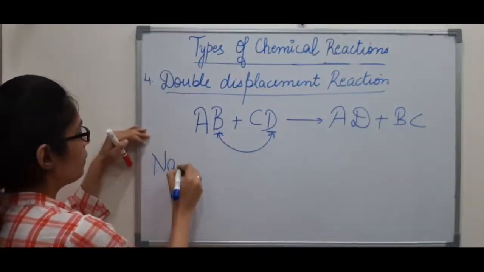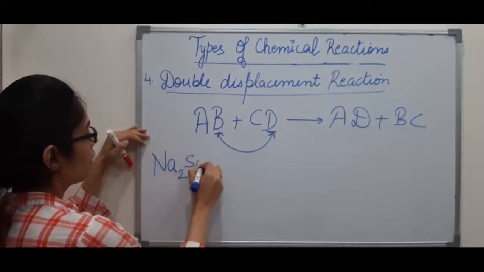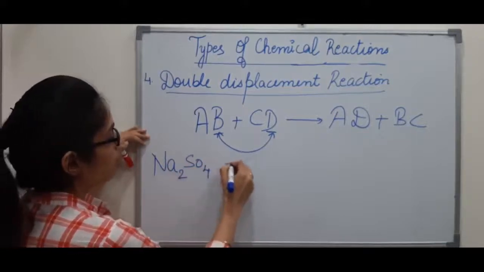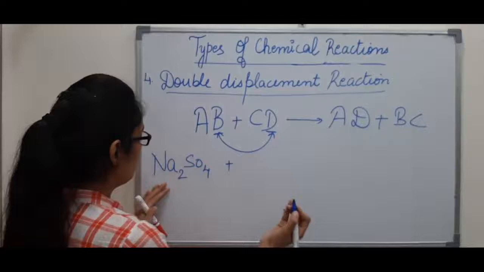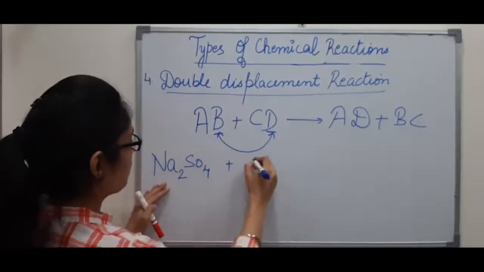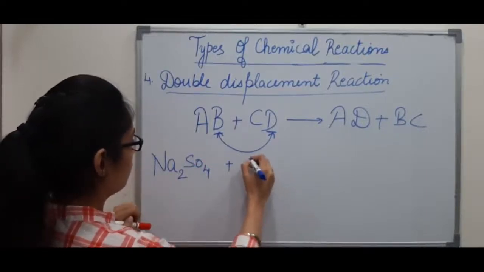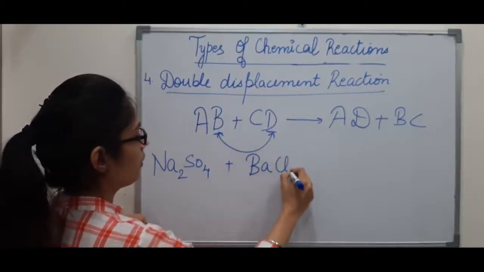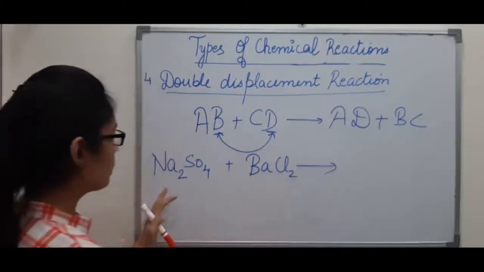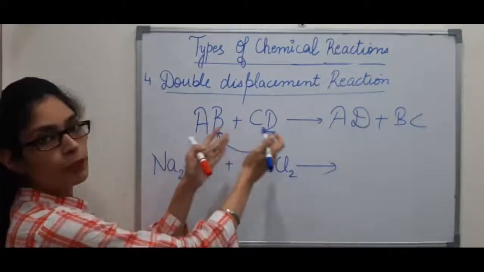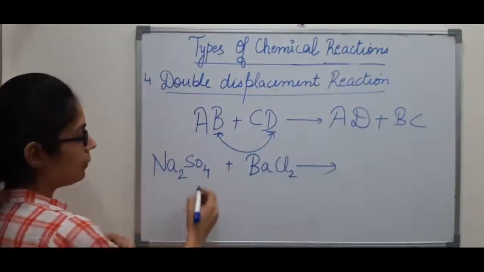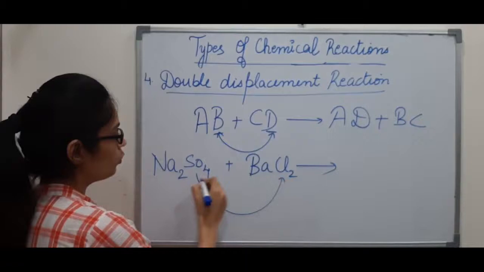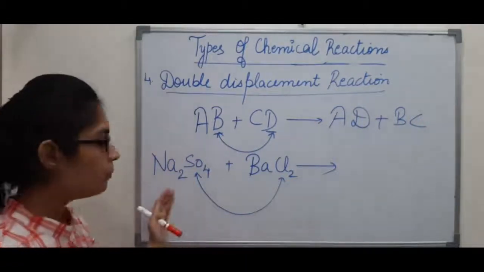I will take the example of sodium sulfate plus barium chloride. It will give me, see, now the displacement of B and D will take place. So these two will interchange their positions.